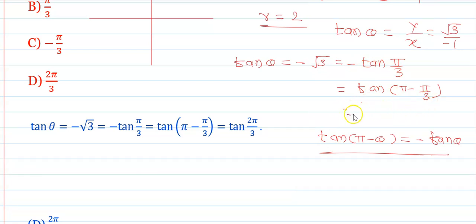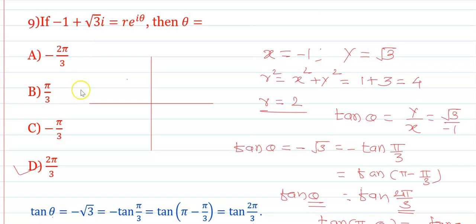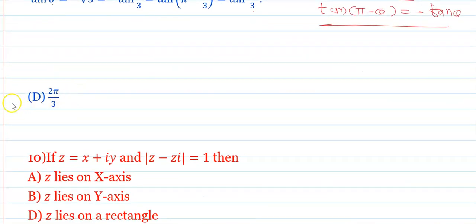And if we simplify this, then you will get 3 pi minus pi, that is 2 pi by 3. And hence, here is tan theta. Therefore, theta is equals to 2 pi by 3. Okay, theta is equals to 2 pi by 3. And hence, the option D is a correct one. Okay, the option D is a correct one.